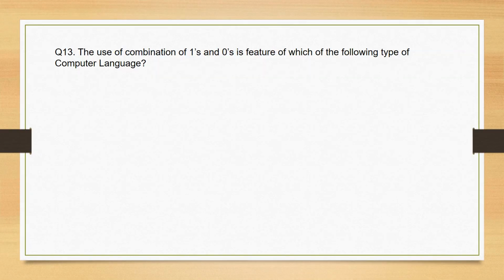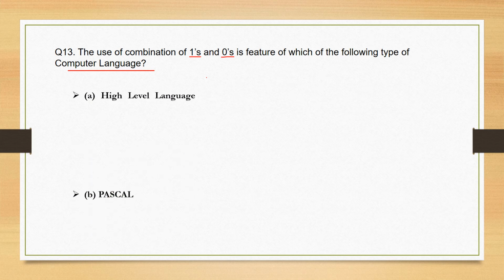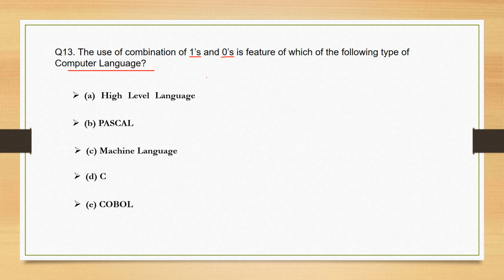In this question, the use of a combination of ones and zeros is a feature of which of the following types of computer languages? So 0 and 1 is a combination we use, and we call those binary digits. The options are high level language, Pascal, machine language, C, COBOL.